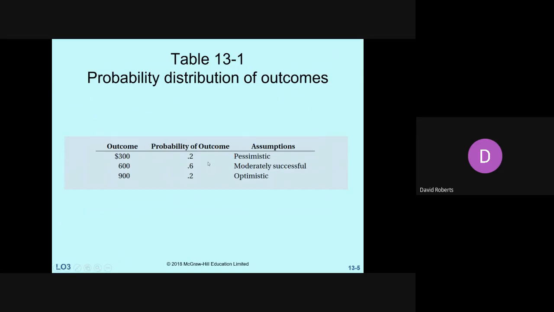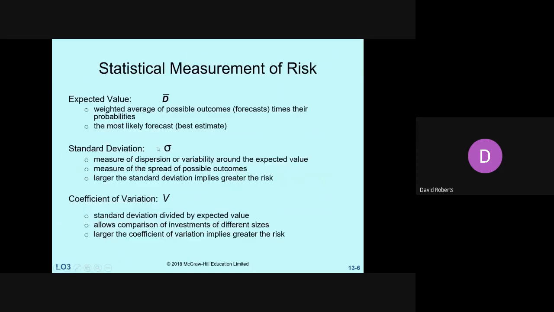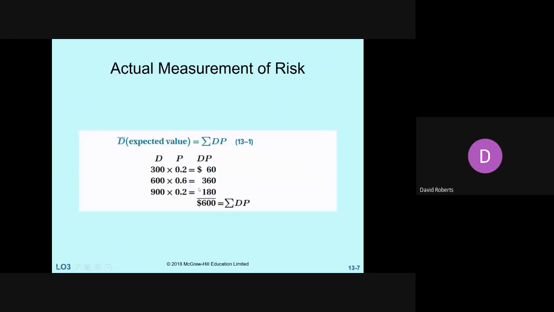So we're going to do some calculations here where you're given the probabilities of the outcomes. So you have pessimistic, moderately successful, and optimistic. You're going to calculate the expected value, which is simply take the values and multiply them by the weights. We'll calculate the standard deviation and something called the coefficient of variation.